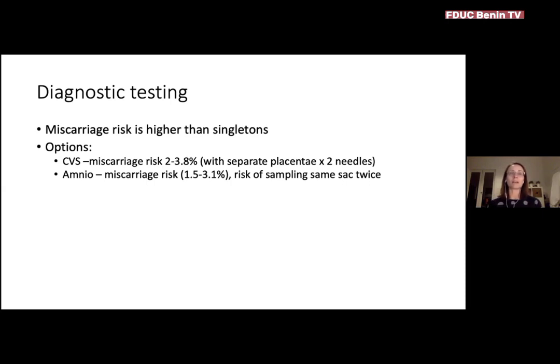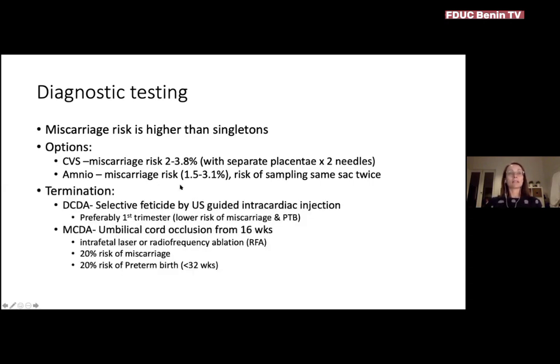So you have an increased risk of inaccuracy of the results. If the diagnostic testing shows a chromosome abnormality, or if there's a major structural abnormality, then we would always discuss the option of termination here in Australia. And I know that practice is different in Nigeria and will be different in every country around the world, depending on laws and local practices.